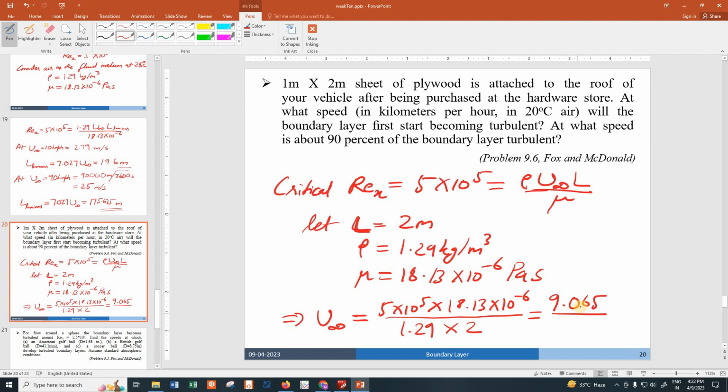So 3.51 meter per second. So at this velocity, the boundary layer will start becoming turbulent.